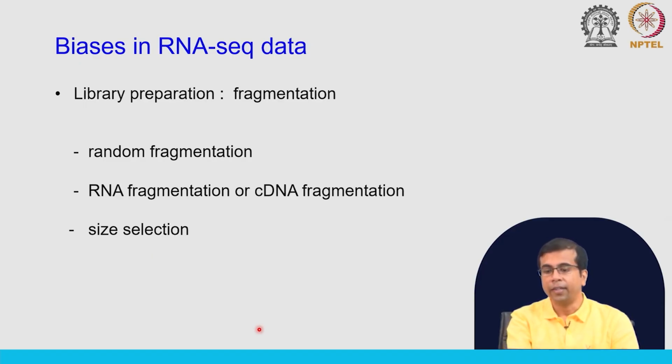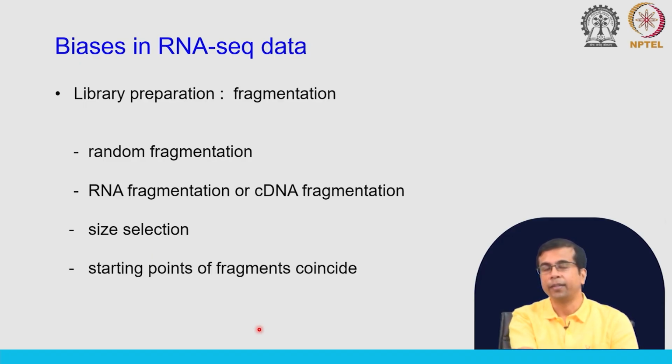Okay. And this has been observed in many experiments, that the starting points of fragments actually coincide quite often. This is not supposed to be the case, right. If fragmentation is random, then you should see a lot of different starting points for fragments. But what researchers have observed is that the starting points often coincide, suggesting that this is not a random process.